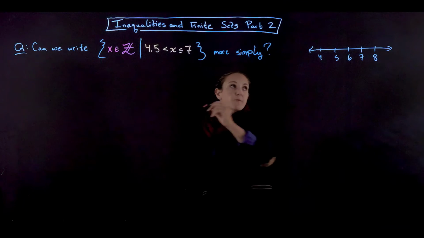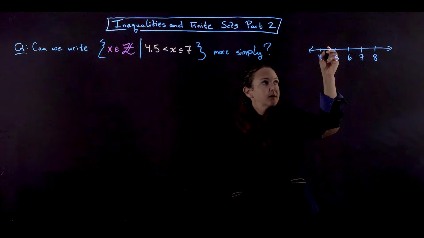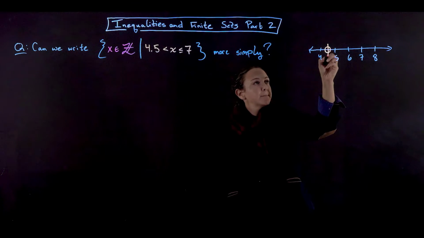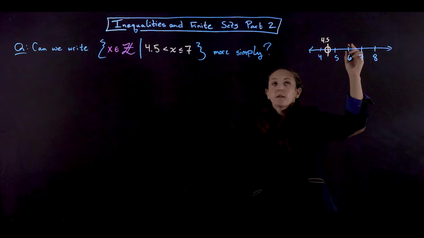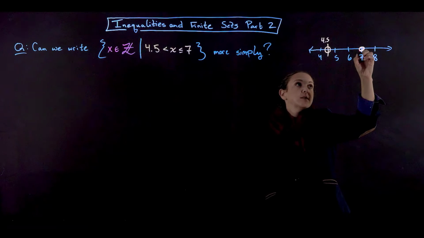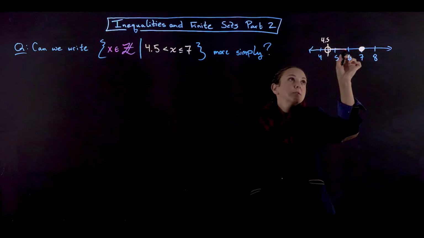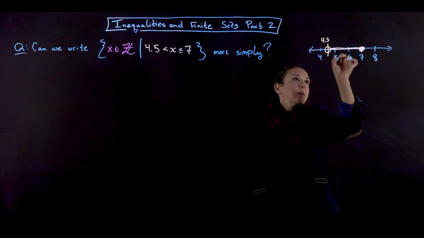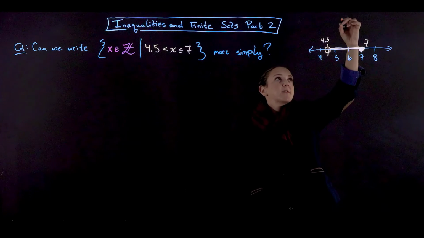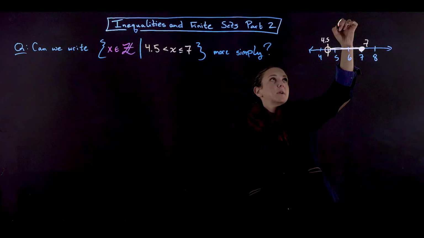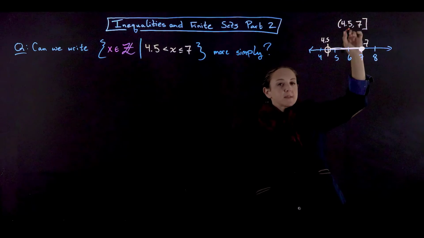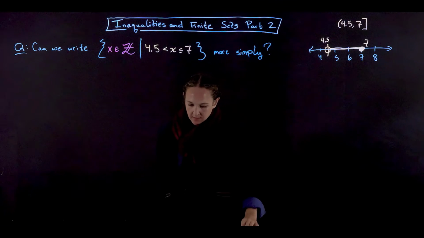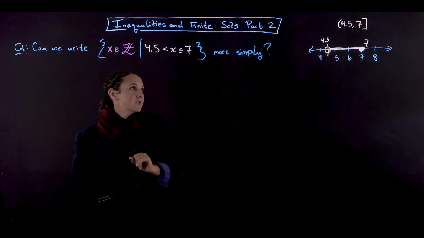We start at 4.5, but we don't want to include it, so we do an open circle. We want to run up to 7, and we do want to include 7, with a closed circle. So this is the interval open at 4.5, closed at 7. What is the answer to this one?